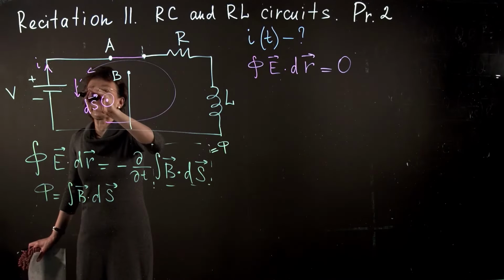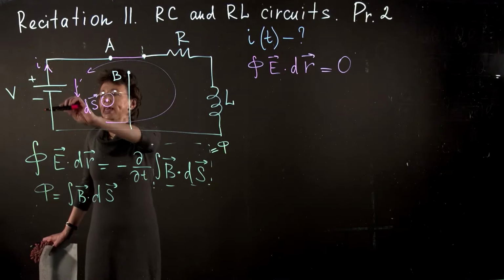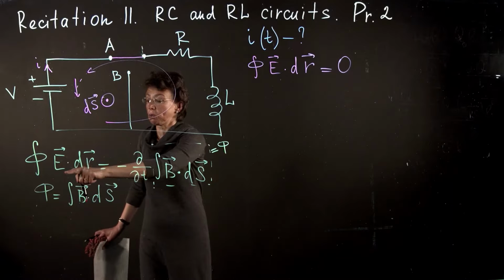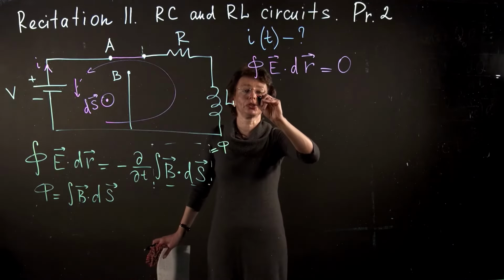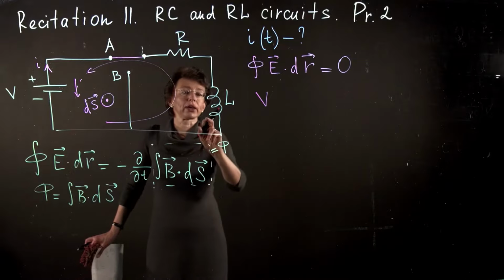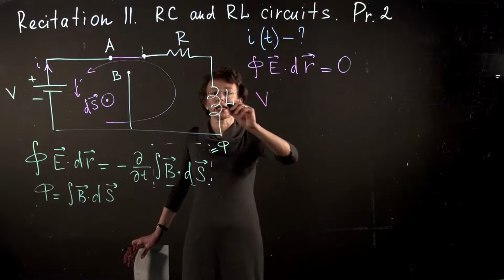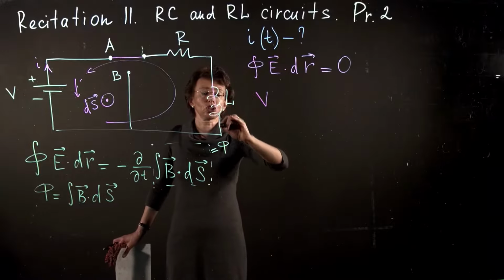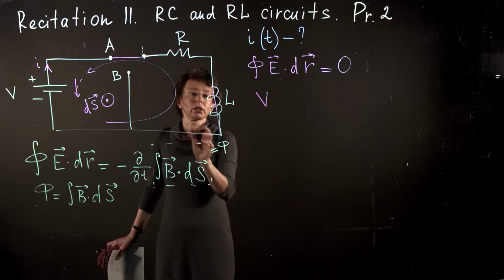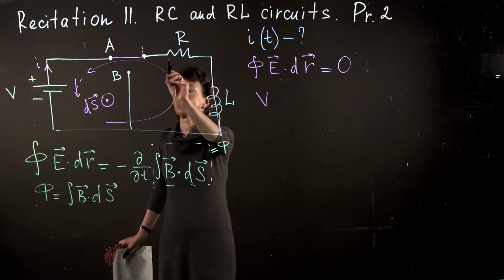And now I go around the loop. We go in the counterclockwise direction. So when we go across the battery, we have a negative change in voltage, which means a positive change in E dot dr. So I put plus V. Then we keep going. There is no time-dependent process since it is steady state, so this is just a piece of wire. We ignore this inductance. Then we come to this resistor.